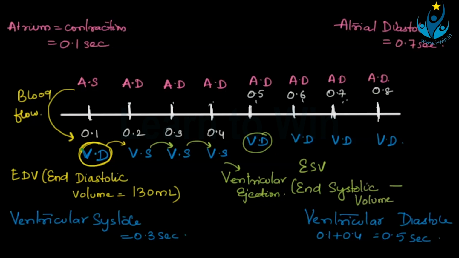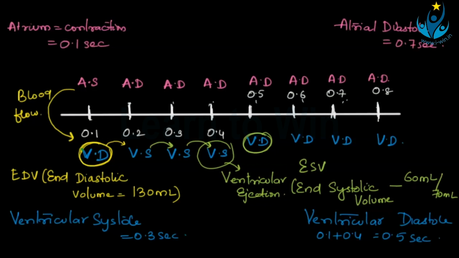That means the amount of blood present in the ventricles at the end of the systole, before the diastole begins, which is 60 ml to 70 ml. So now you understand what end diastolic volume and end systolic volume are.